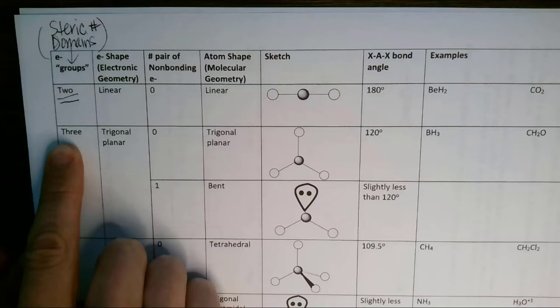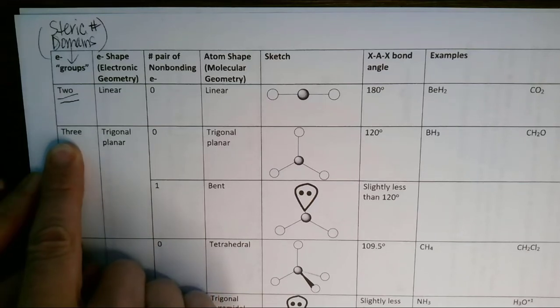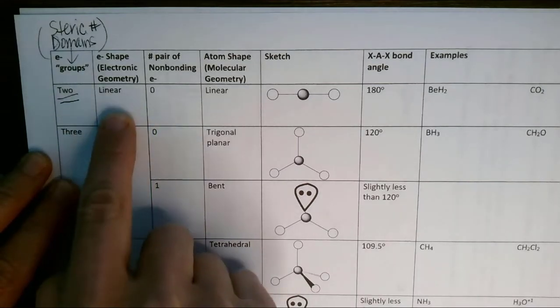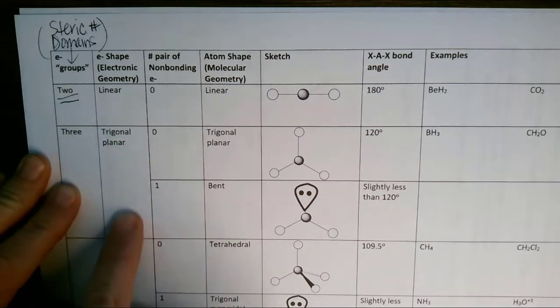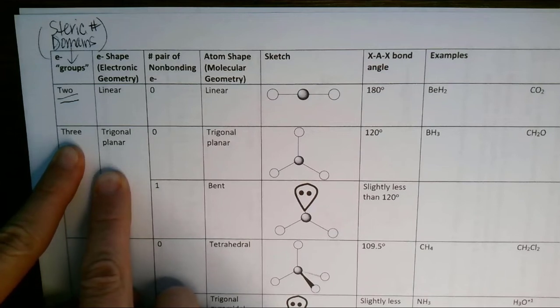Now with a steric number of 3, looking at 3 things around my central atom, we can see that its electron shape is trigonal planar. Now notice that there are a couple different options within this 3 things around our central atom.